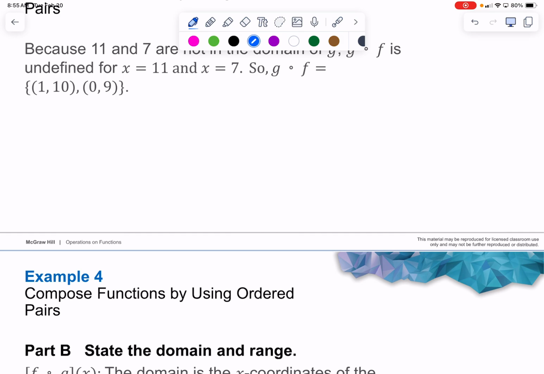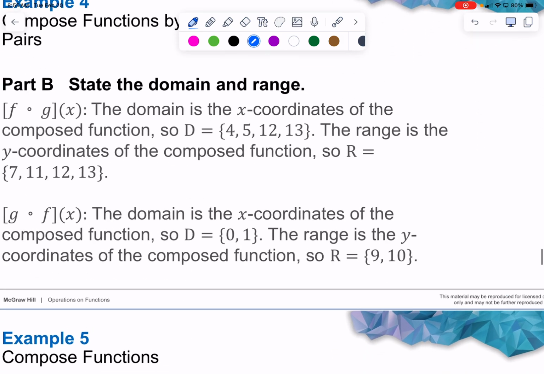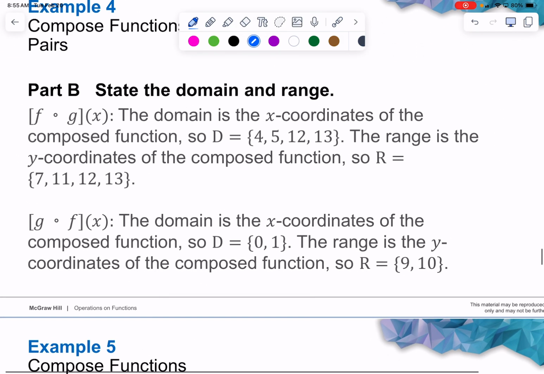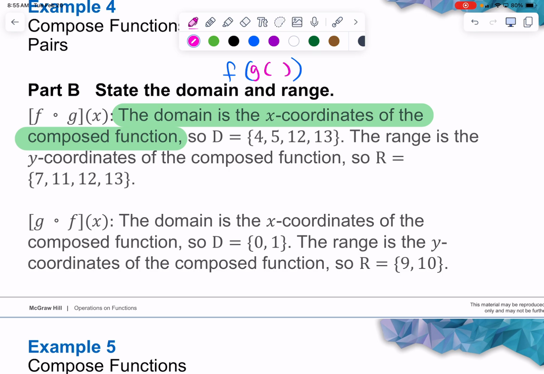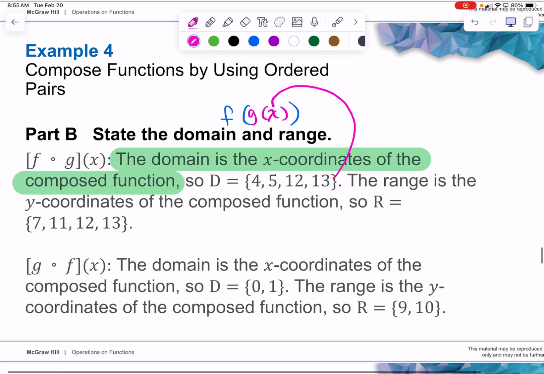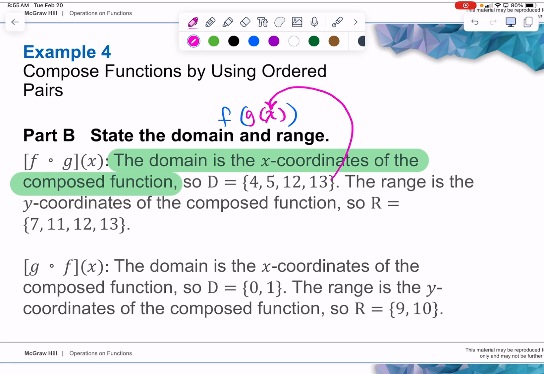So we want to state the domain and range. When we're looking at f of g, the domain is the x coordinates of the composed function. Okay? So they were all the numbers that I could put into this inner value here and get outputs, right?